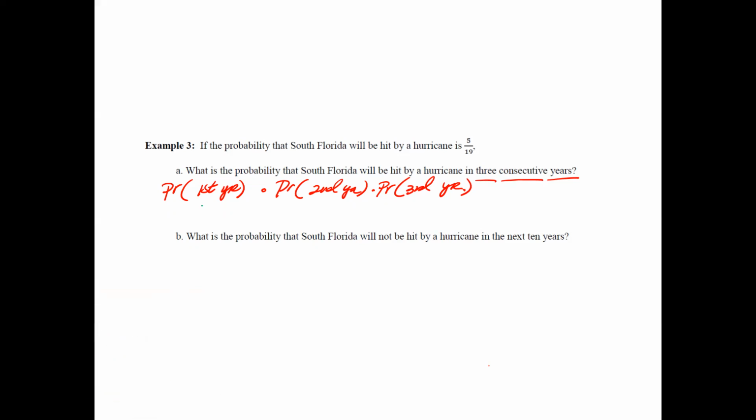So what I have here is 5 out of 19 times 5 out of 19 times 5 out of 19. Another way of writing that is 5 out of 19 to the third power. I don't want to do 5 times 5 times 5 and 19 times 19 times 19, so I'm going to rewrite this fraction as a decimal. 5 divided by 19, grab a calculator.